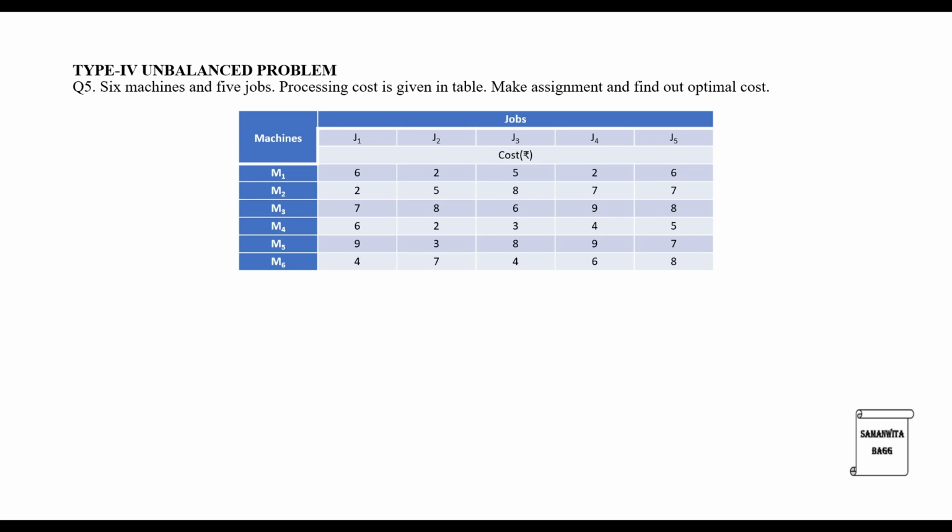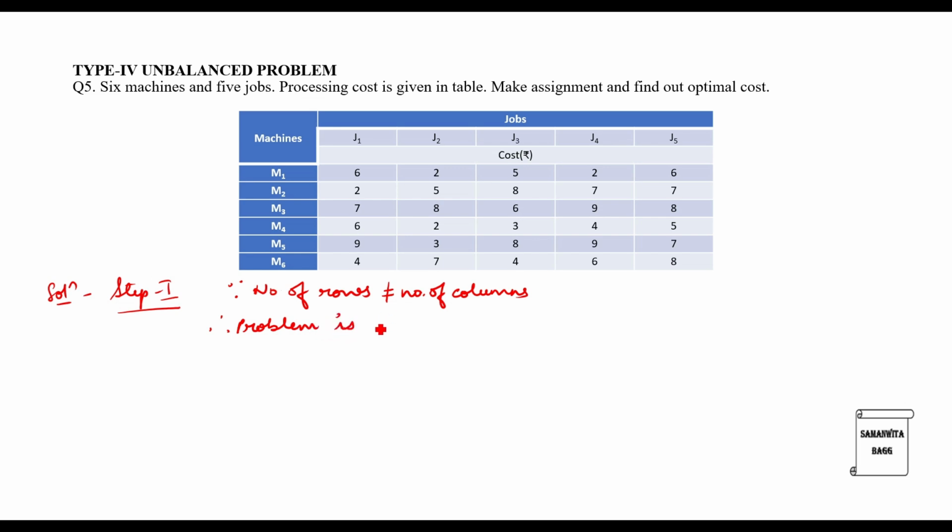So we will first start with step 1 when we are going to add a dummy column. You can see one column is less here. So in step 1 I will write down, since number of rows is not equal to the number of columns, therefore the problem is an unbalanced one.